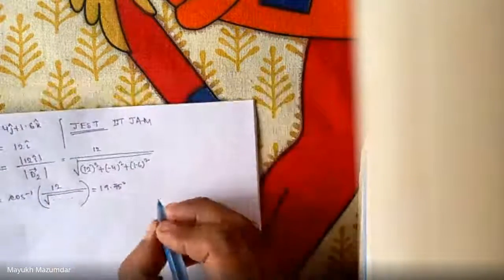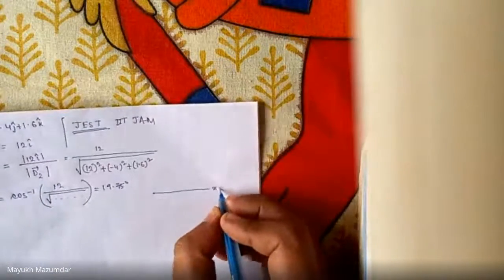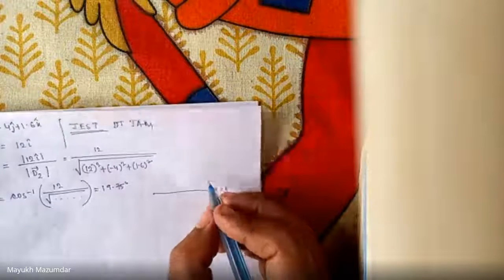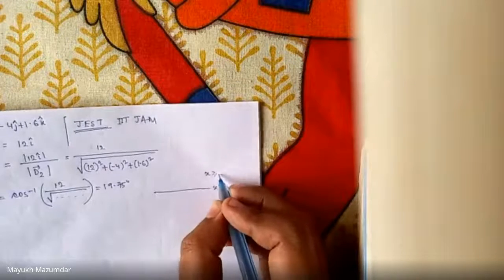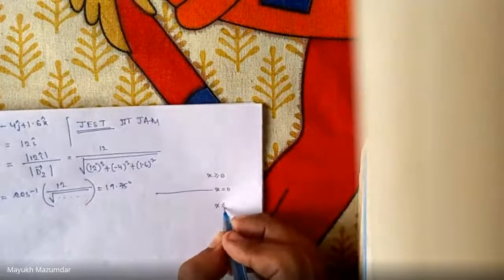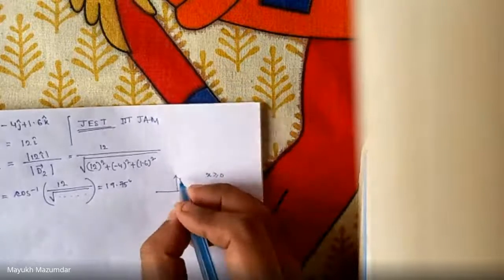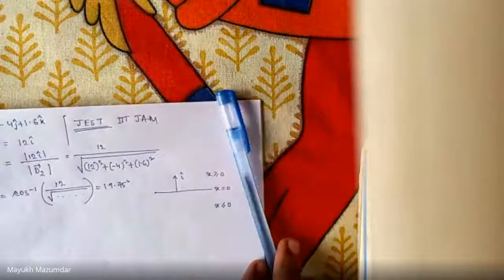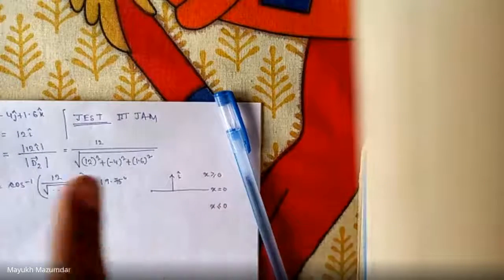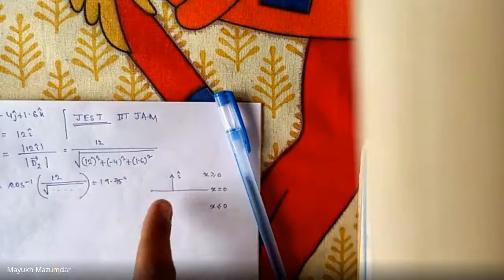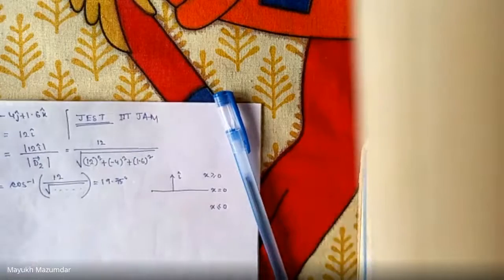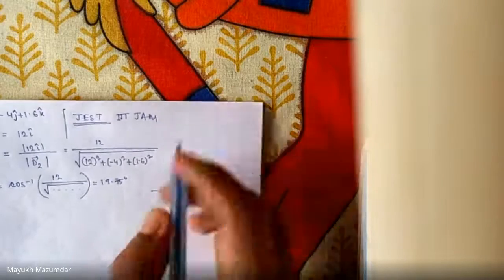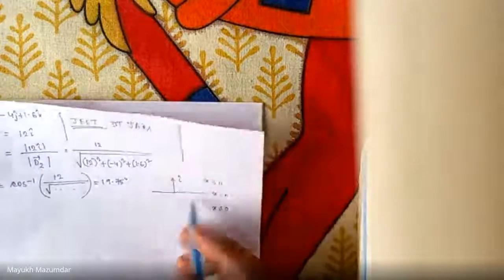And no problem, we could have done the problem like this as well. But you have to remember that then your i cap would be like this, because when you draw i cap, it may look as if i cap is along the y axis. That's why I chose it like this. You can draw it like this as well.